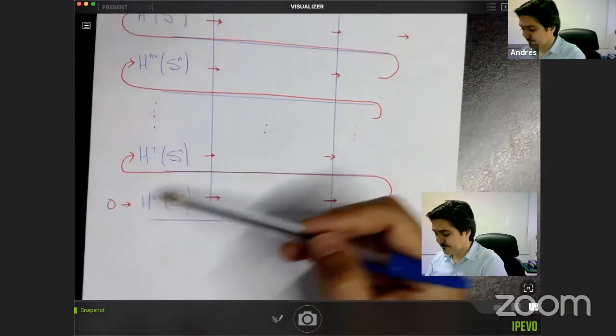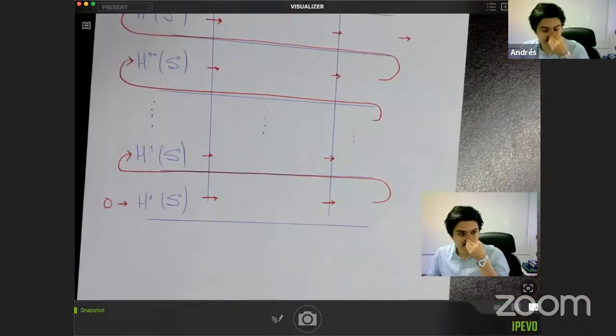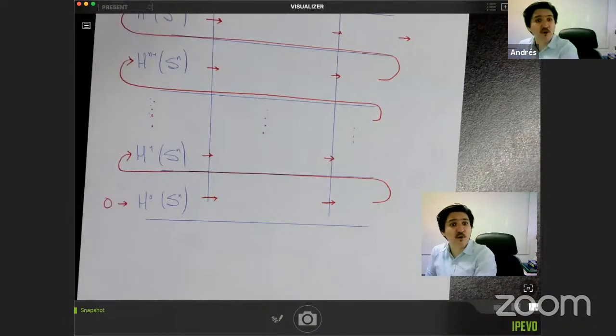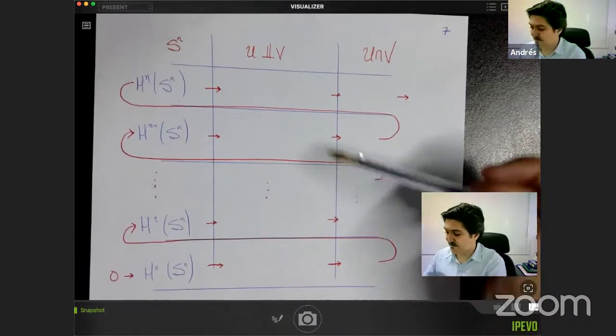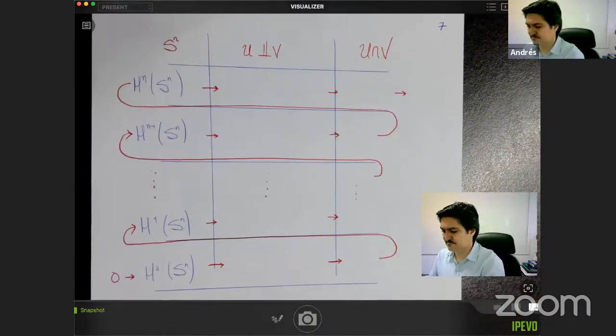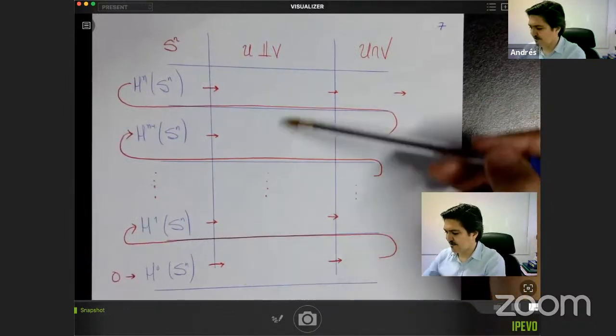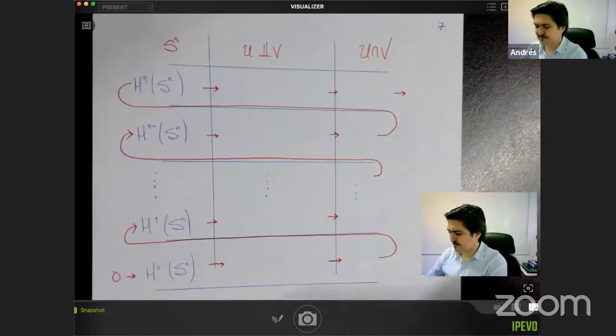So let's fill this. U is homotopy type of a point. So tell me what to put here, here, and here.